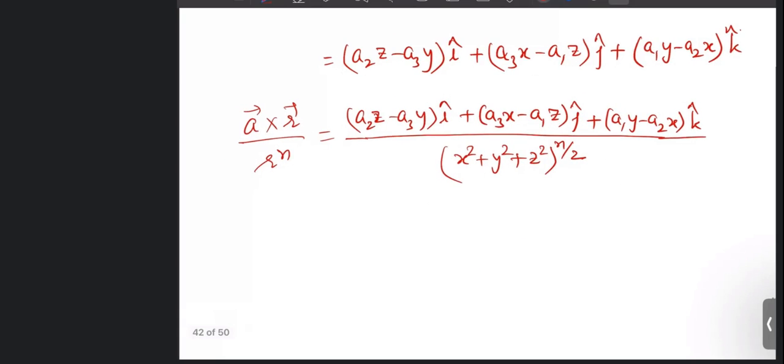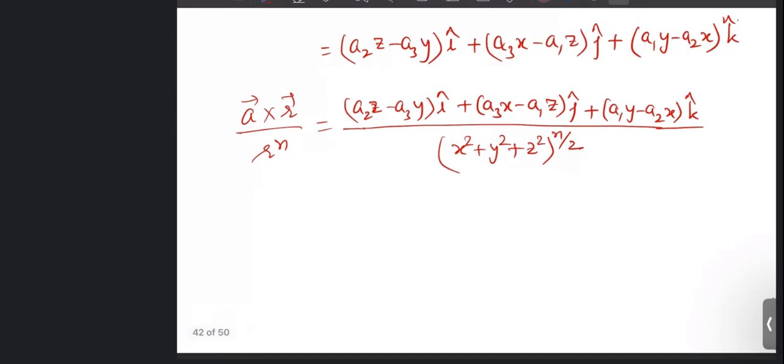Now just simplify, just evaluate the divergence of the vector. Divergence of this vector A cross R divided by R to the power n means del dot this vector.